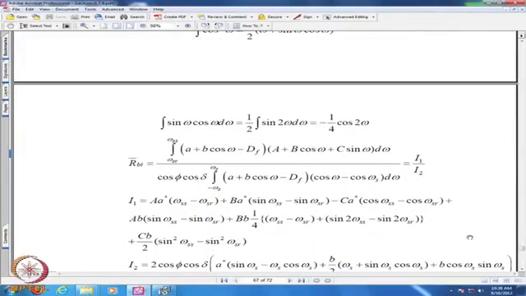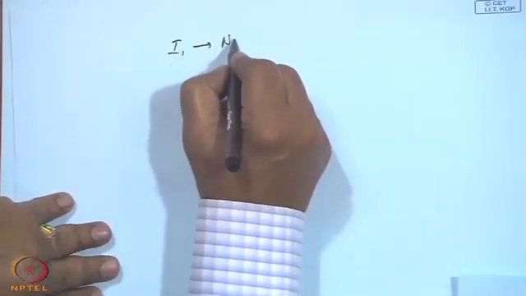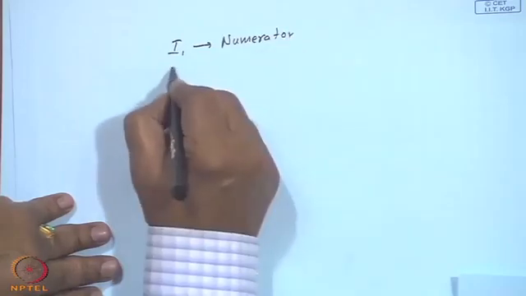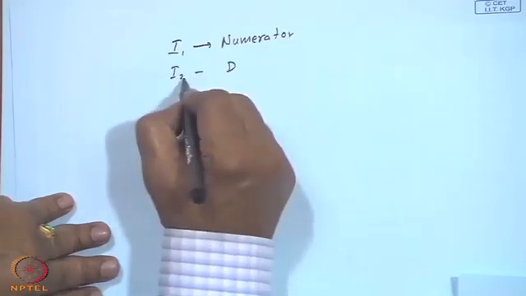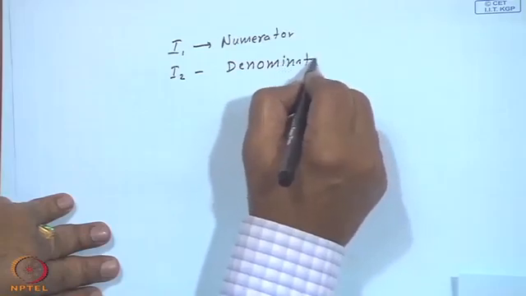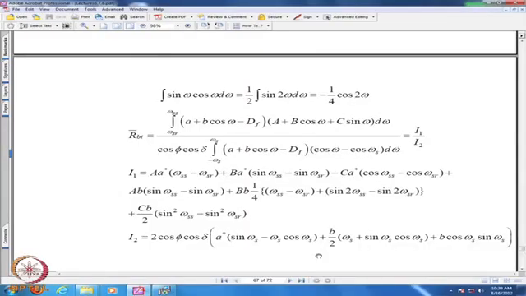So, I have struggled, and the numerator is expressed as I 1, that is integral 1, I 1 is the numerator and I 2 the denominator. So, they are both in terms of omega s s and omega s r.